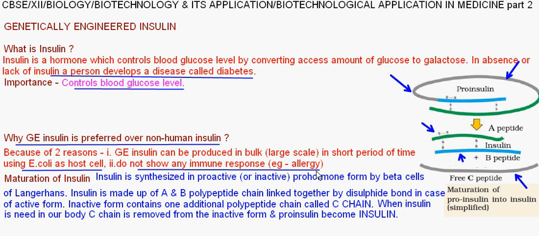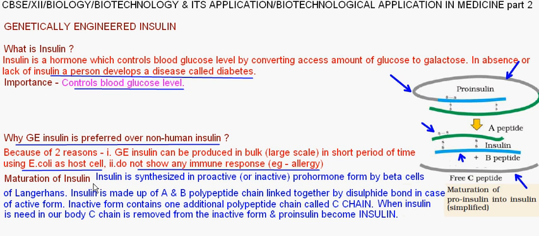Whereas in case of non-human insulin extracted from the liver of slaughtered cattle or pig, immune responses like allergy is very common. Now coming to maturation of insulin. How insulin is produced, how insulin is maturated in human body.